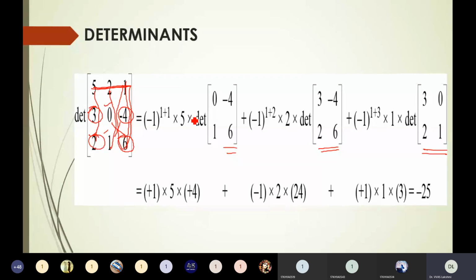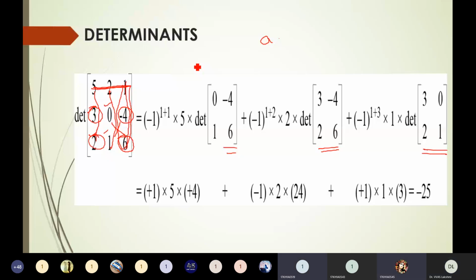The second one, 2 into 18, ma'am. AD minus BC, amma. 18 minus 8.